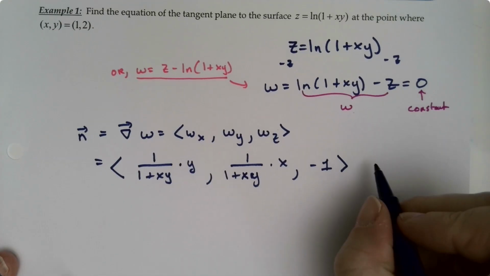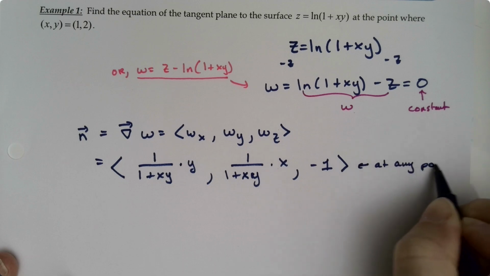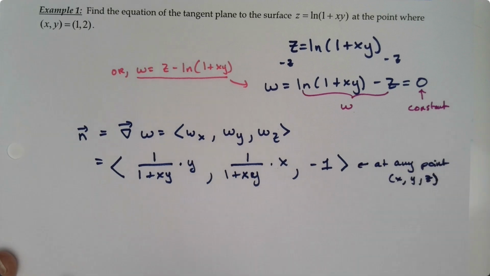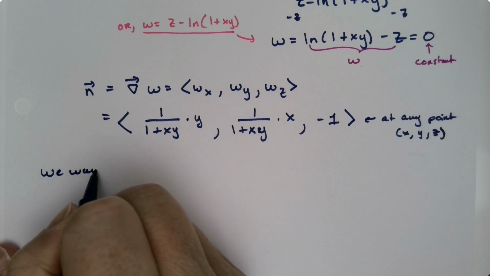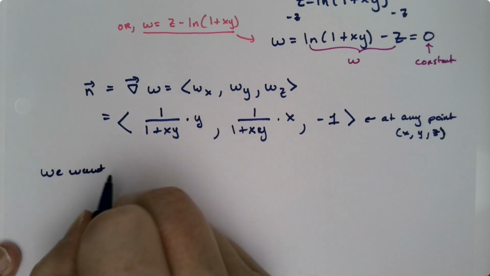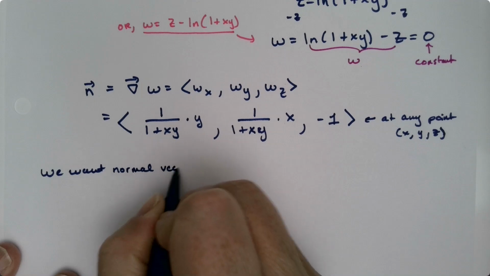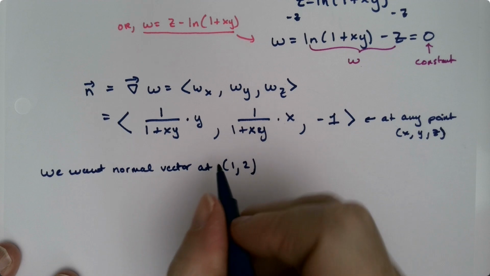Okay, so this is the normal vector at any point x, y, z. We want the normal vector at our particular point. Well, I'm just going to say (x, y) is (1, 2).